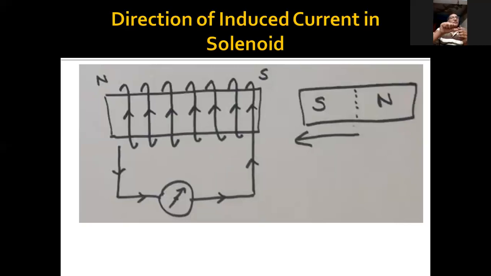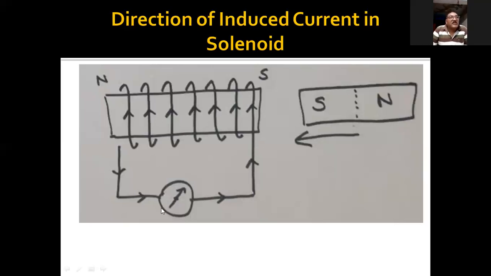So the curl of my fingers shows the direction of the induced current. The curl of my fingers shows that on the side of the solenoid which is facing me, in those coils the current will be going upward, and from the other side the current will be going downward. So I will put arrows in the upward direction here, and I come to know that the current is going in this wire in the upward direction.